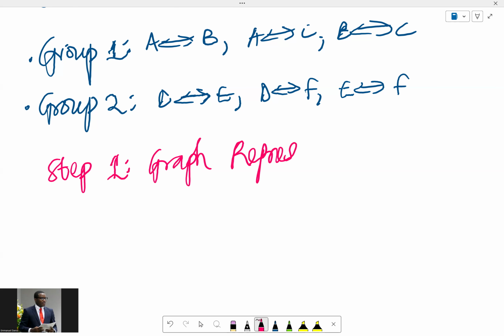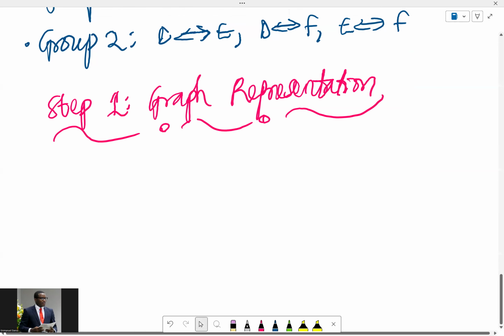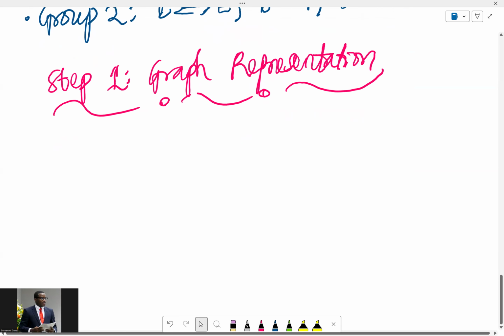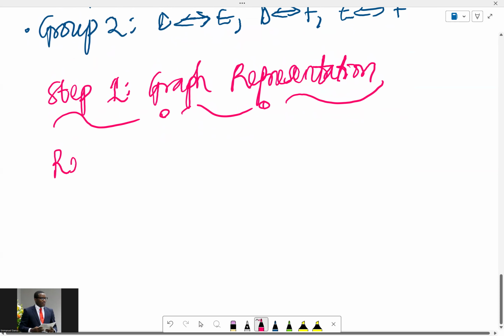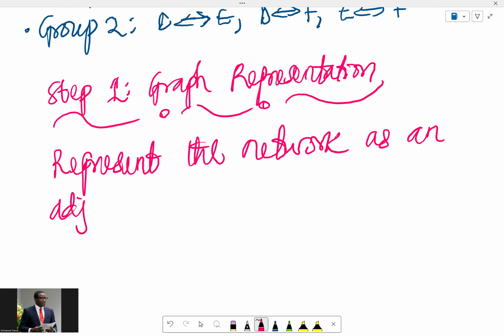If you remember, there are three ways to represent graphs: we have the adjacency list, the adjacency matrix, and the incidence matrix. So here we represent the network as an adjacency matrix.